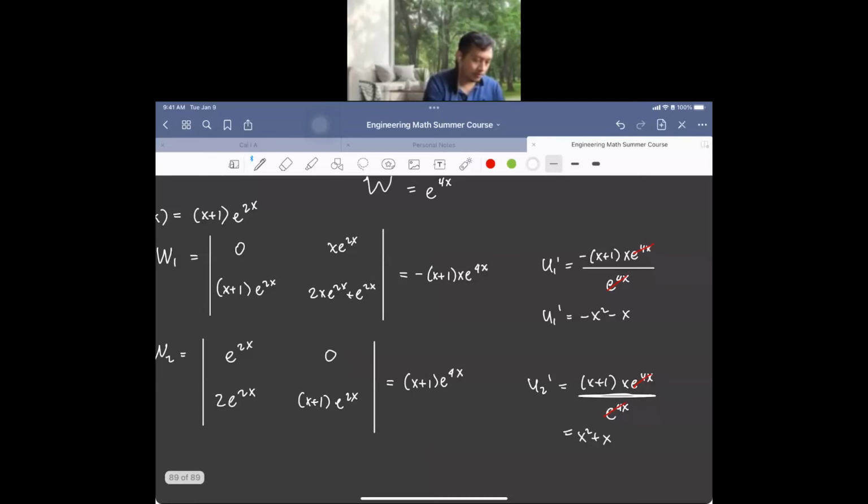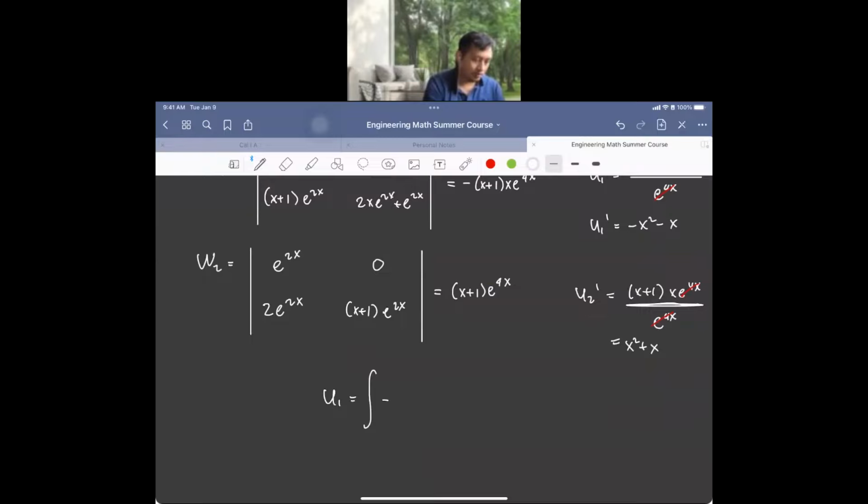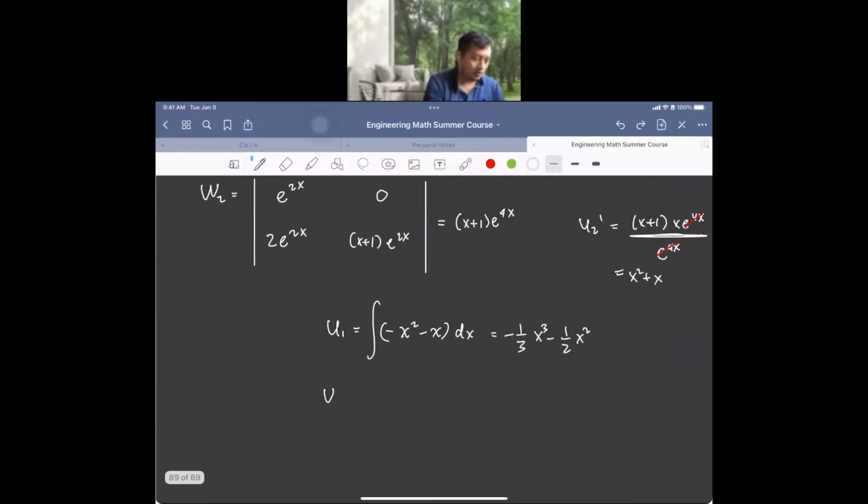And then u1 is integrating all this stuff, and we are going to have negative 1 over 3 x cubed plus negative half x squared. Okay, no need to add a constant now. u2 is x squared plus x dx.